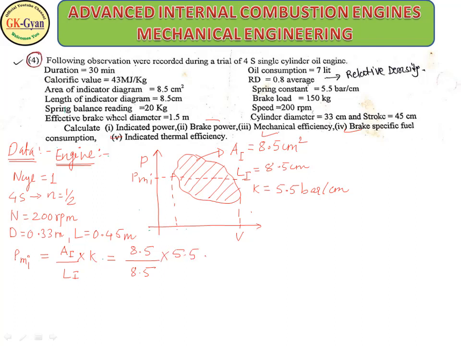So it will give 5.5 bar. So PMI is equal to 5.5 into 10 to the power 5 Pascal. With the help of this PMI, we can calculate the indicated power. So this is the engine data.